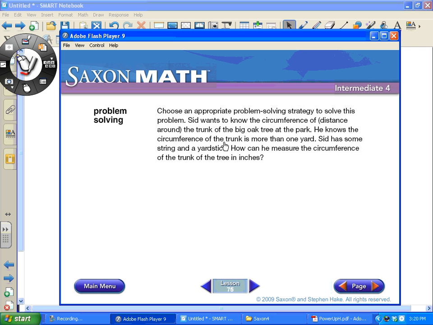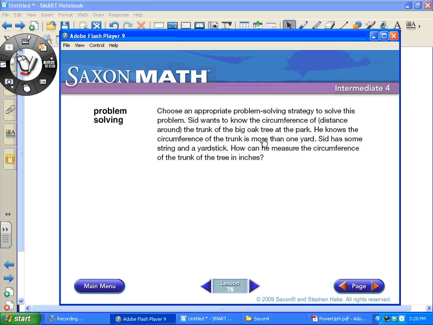He knows the circumference of the tree is more than 1 yard. Somebody must have told him, I don't know. Sid has some string and a yardstick. How can he measure the circumference of the trunk of the tree in inches? Aha, he's got some string, which will bend, right? Yardsticks don't bend. He can take the string and go all the way around the trunk of the tree and measure it.